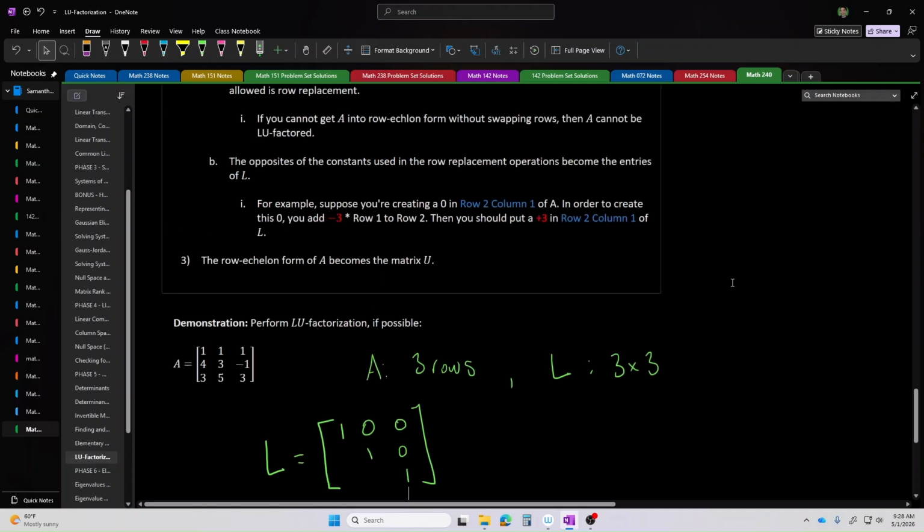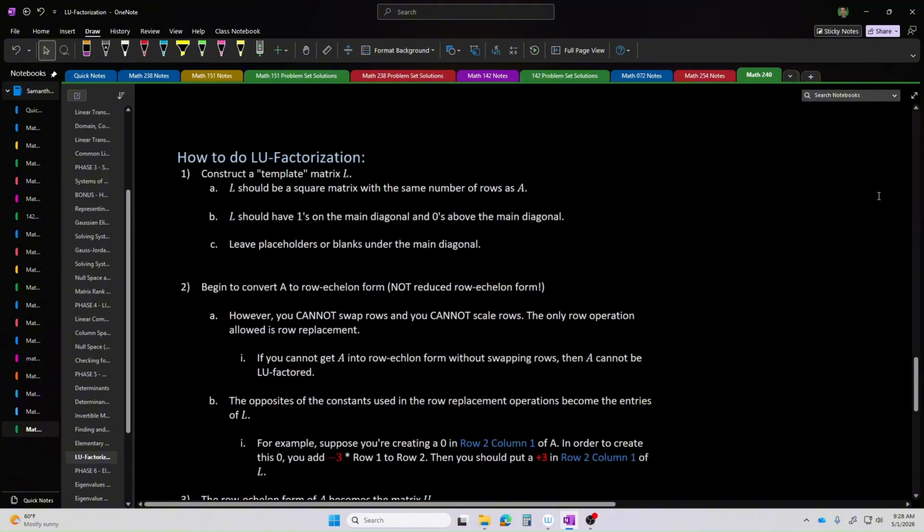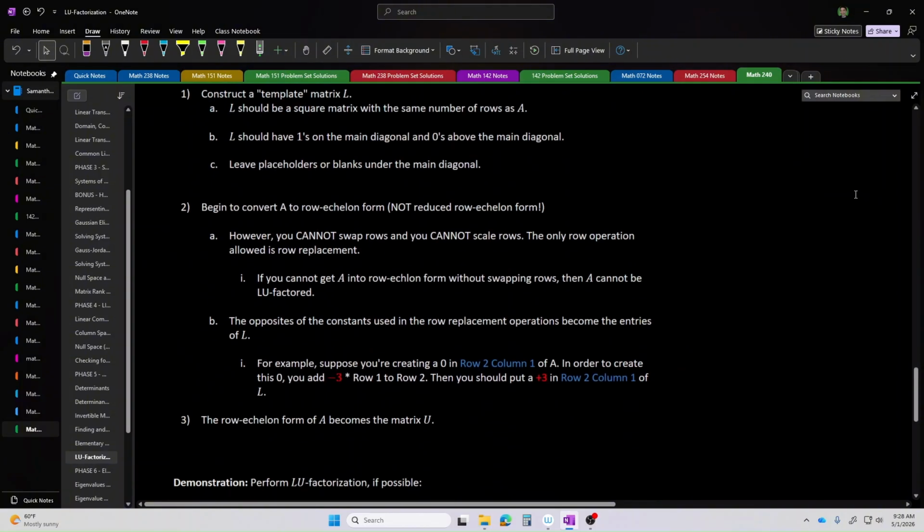So to answer that question, we're going to move to step 2 of the factorization algorithm. You're going to take your matrix A and you're going to begin to convert it to row echelon form. Not reduced row echelon form. You're not going to do Gauss-Jordan elimination.